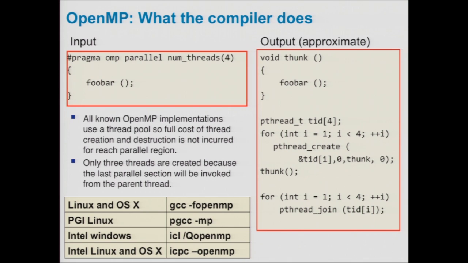Now here you'll notice that it's actually only creating 3 threads, and each of those threads is going to execute this function that it created, which is, again, exactly what you did in PThreads. One difference is here the master thread is going to execute the function as well, because we've already got a thread there. Why not use it? When we get down here, the master thread has finished executing its call to the function, and we want to make sure the other 3 have finished executing theirs, and there you go.